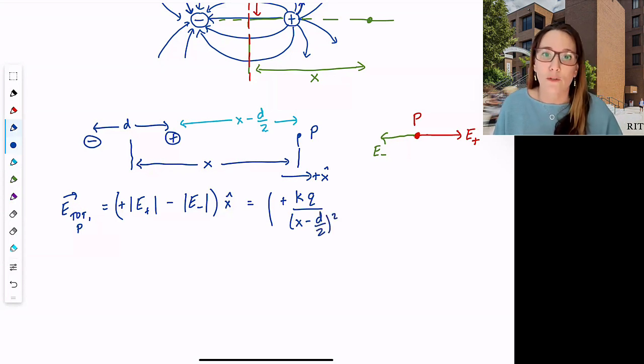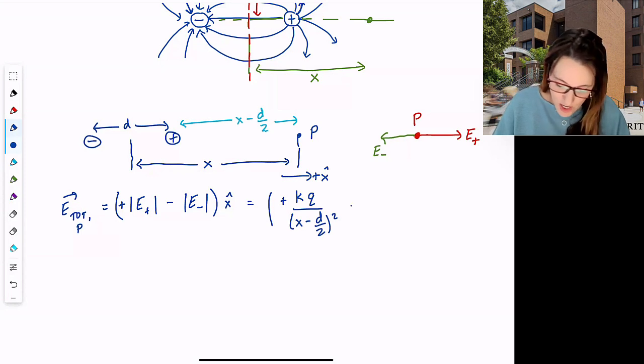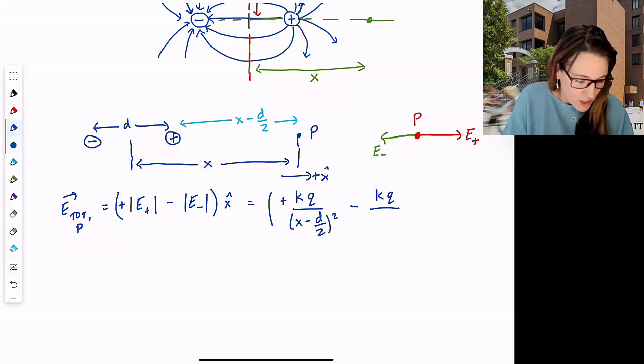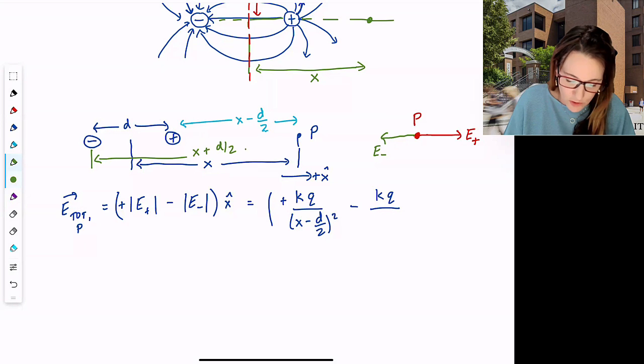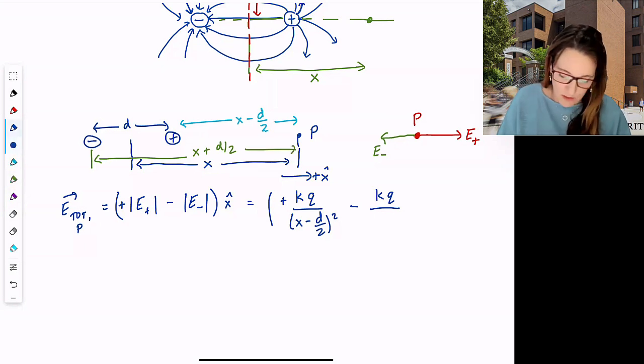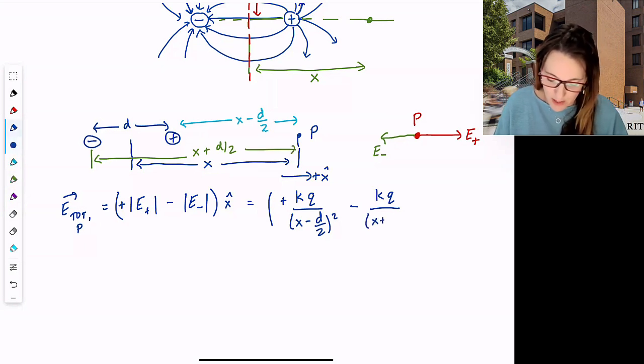That's the contribution from the positive charge. And then minus k q over the distance to the negative charge, which is x plus d over 2, so x plus d over 2 quantity squared.